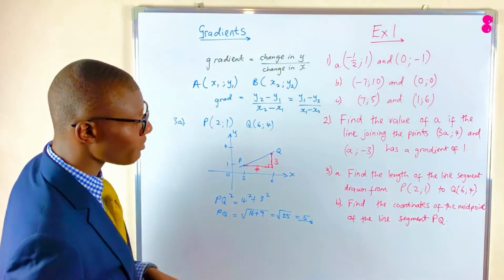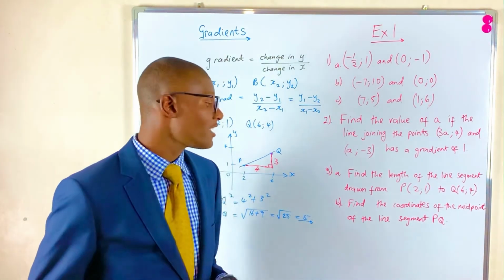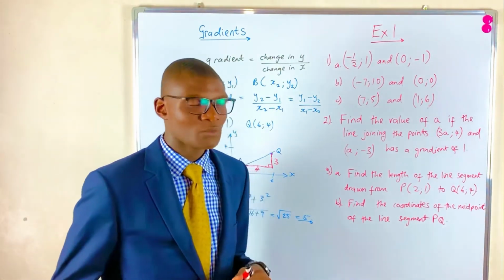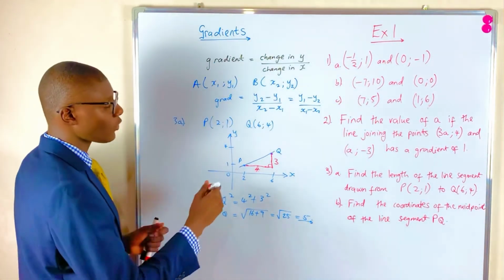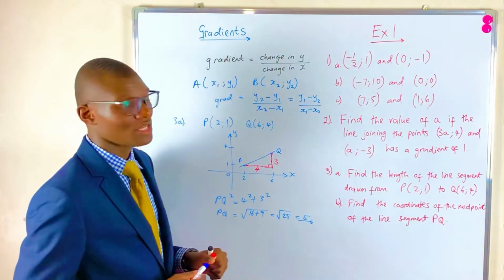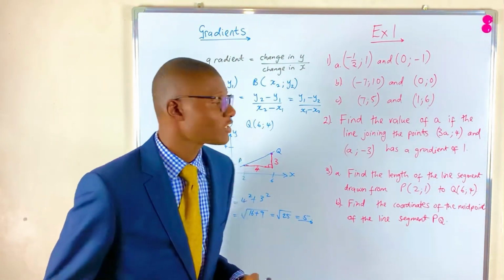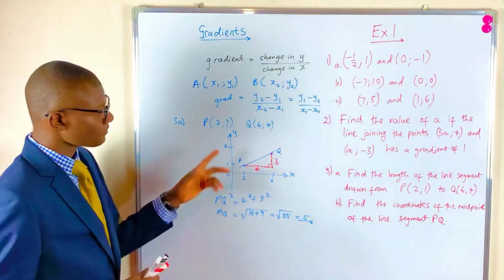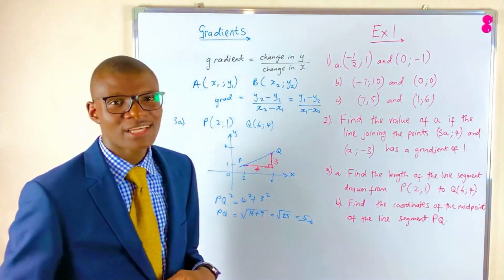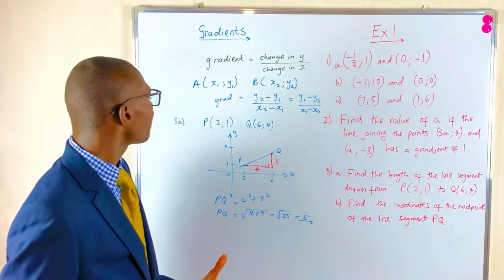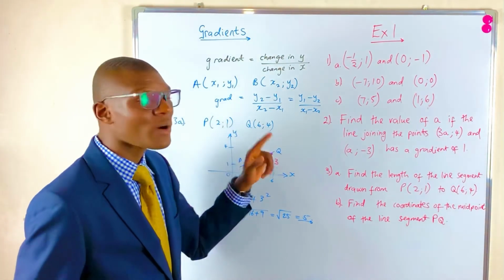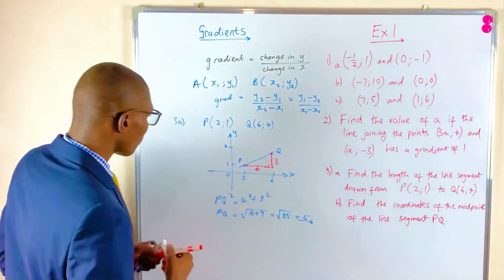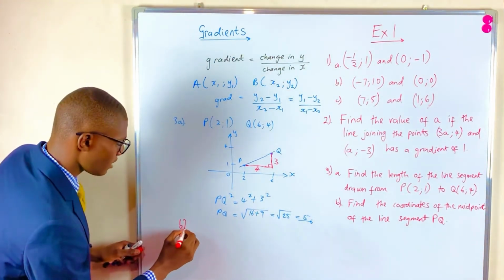Now moving on to part B. Part B says, find the coordinates of the midpoint of the line segment PQ. So now we want to find the midpoint of this line segment PQ. What we do is add the x coordinates, then divide by 2, and then we also add the y coordinates, then divide by 2. So let's say this is (x1, y1) and this is (x2, y2).